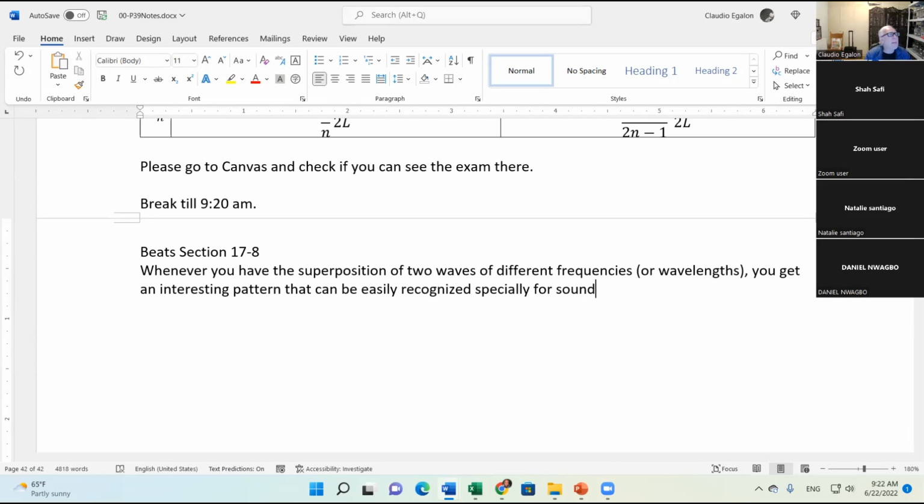But remember, this beating phenomenon applies not just to sound, but applies to other types of waves as well. This type of phenomenon applies not just to sound, but to any other wave phenomenon.